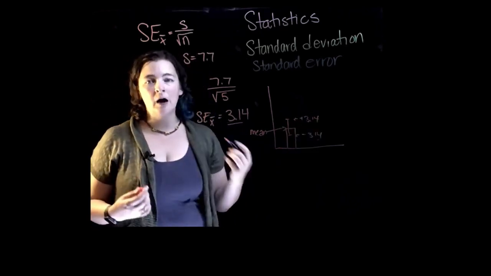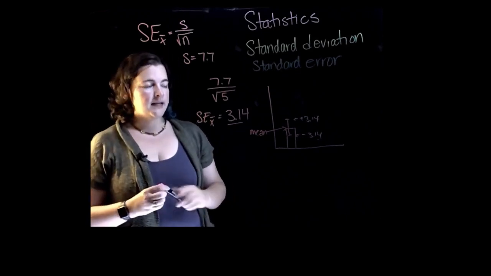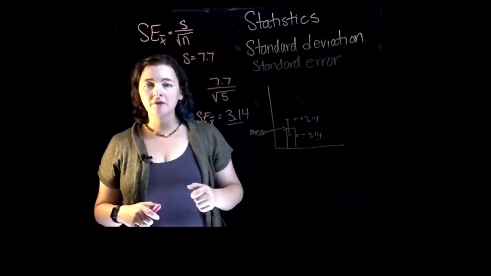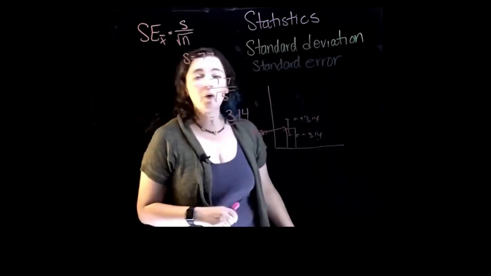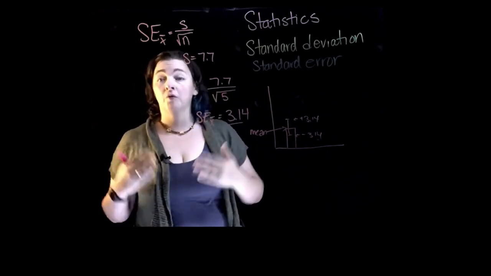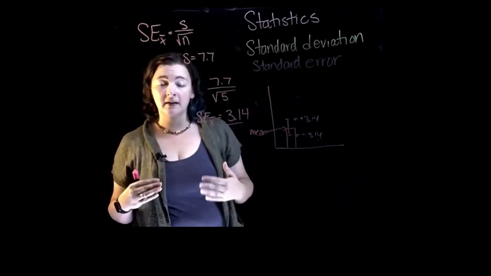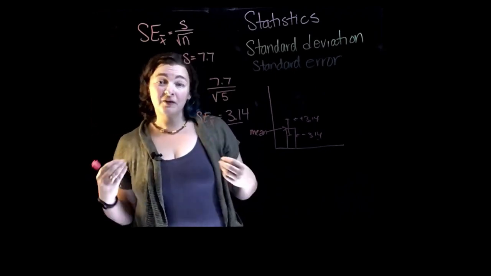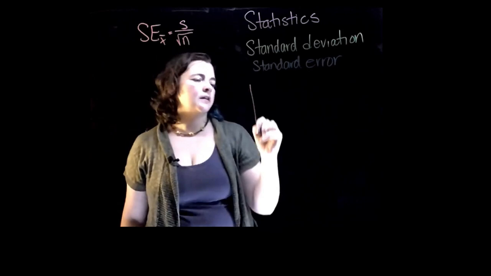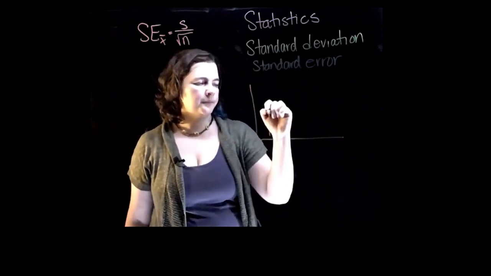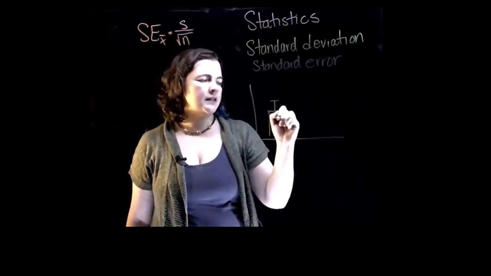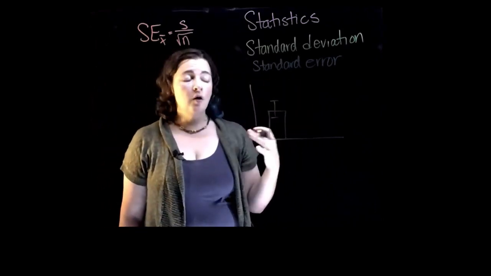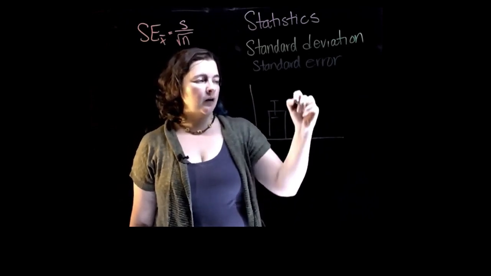Now what's important is how we analyze our data. So what you would do is you graph out all your data points, adding in the standard error for each one of those bars. And what we want to look at is standard error bar overlap. That's going to determine if our data is going to be considered significant or not. So let's take a look at a graph example, where we have standard error bars, and we're just going to ignore units right now just so you can get a picture of what you need to look at when you're looking at standard error bars.